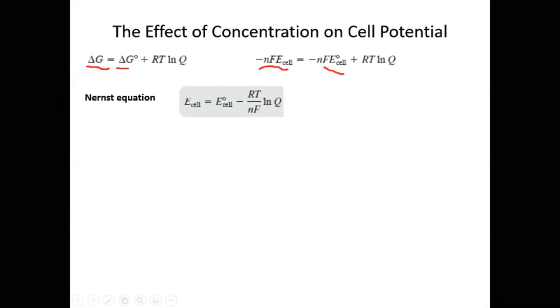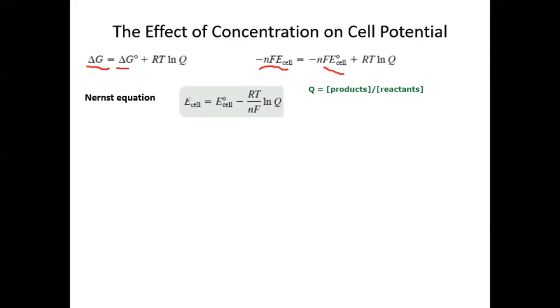So ln of Q, remember Q is equal to the concentration of products divided by the concentration of reactants. N is number of moles transferred, R is 8.314, temperature needs to be in Kelvin, and F is the Faraday constant.